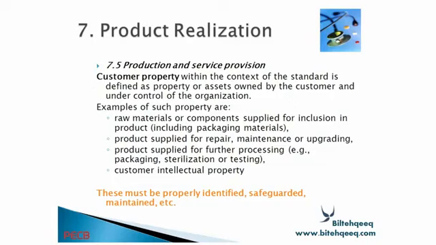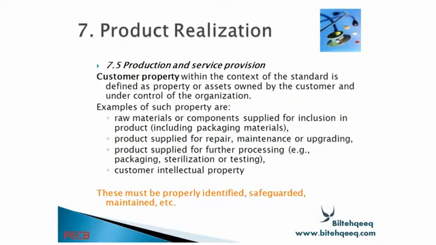The next is customer property. Customer property within the context of the standard is defined as property or asset owned by the customer and under control of the organization. Anything which is given by the customer to any supplier or organization is called customer property.